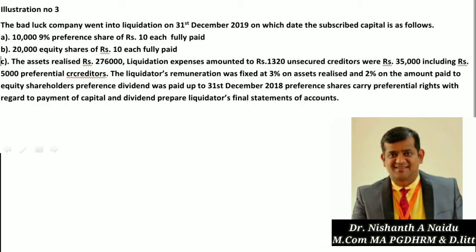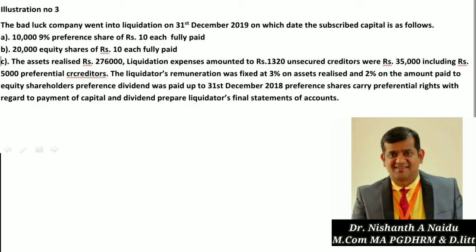The assets have been realized at rupees 2,76,000, that is, all the assets have been sold for 2,76,000. Then we have a liquidation expenditure of 1,320 rupees. Then unsecured creditors of 35,000 rupees, which includes 5,000 rupees of preferential creditors.